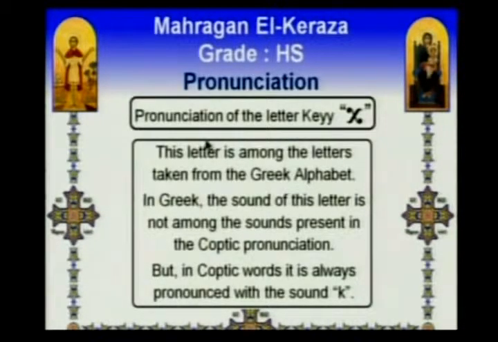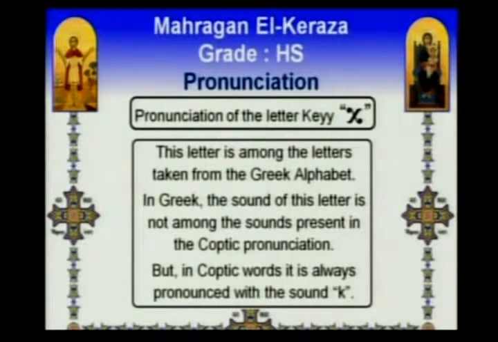Now we would like to go over a pronunciation of a very specific letter in our alphabet, and that's the letter K. The letter K is derived from the Greek letter K, which is in Greek.